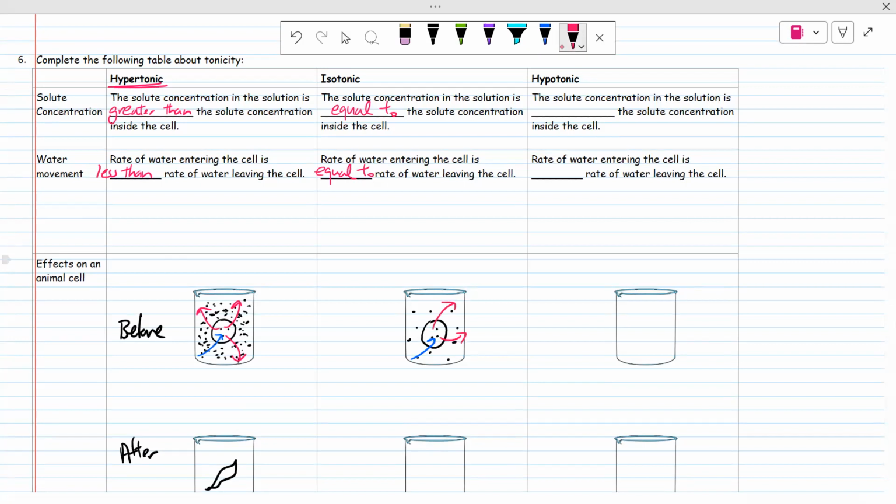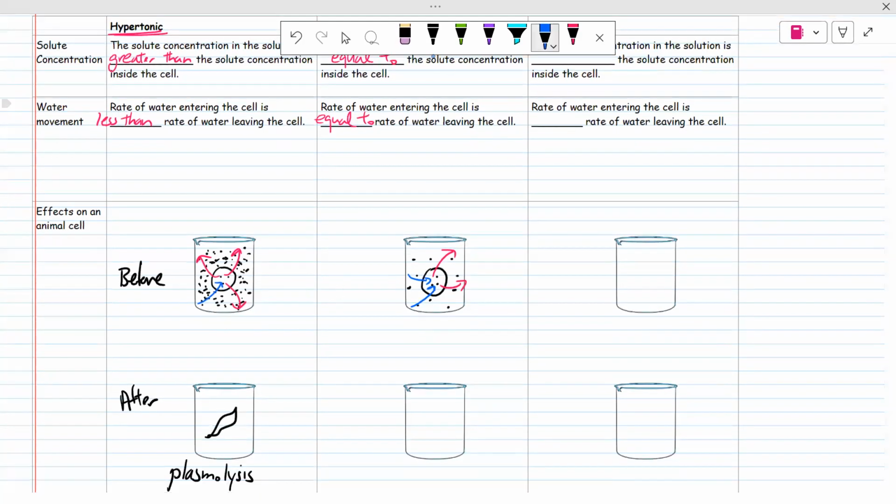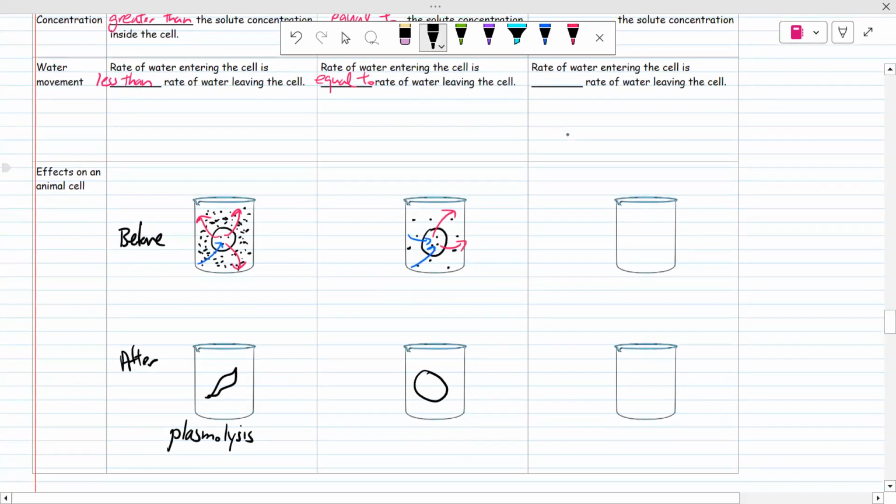Nothing too exciting. Before and after looks the same. Okay, no change. No name either. Just normal.